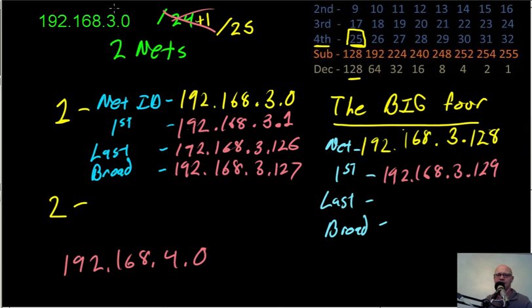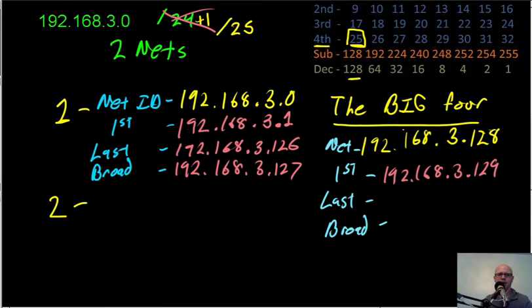So once this last octet gets to 255, it rolls back to 0, and this octet becomes a 4 to denote the next network. Our next network is this 192.168.4.0.